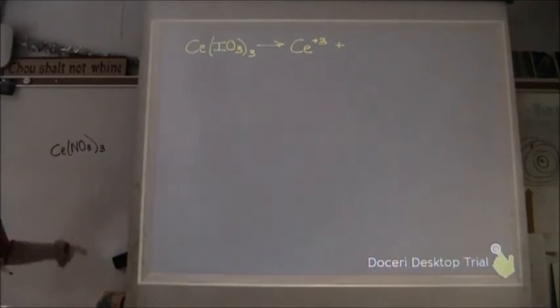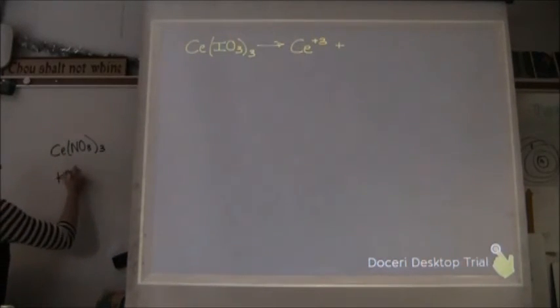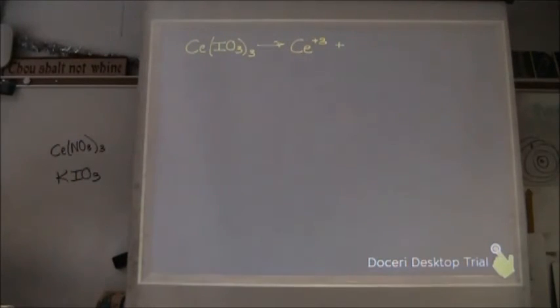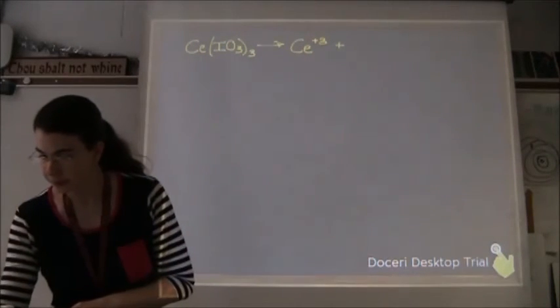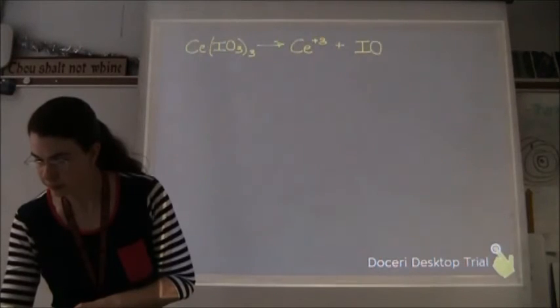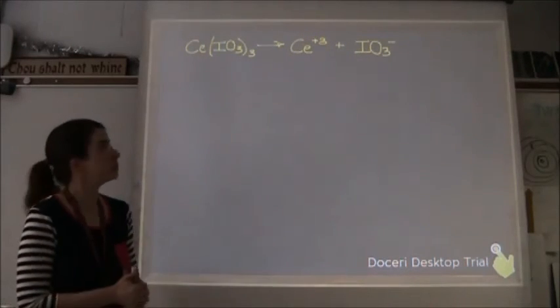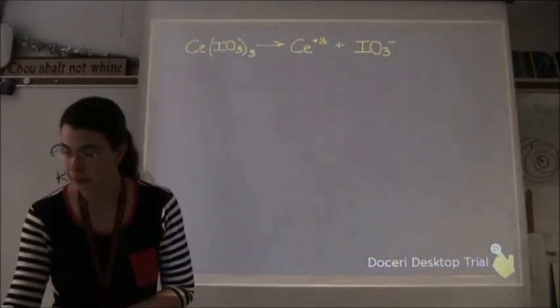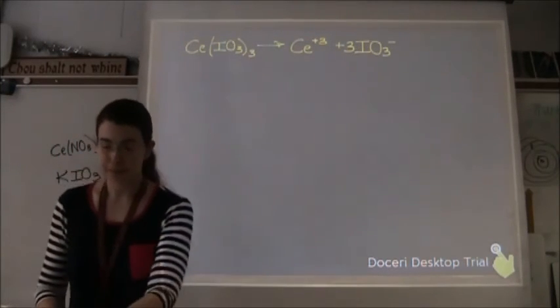Okay. Iodate, polyatomic ion, you may never have seen before, but what's its charge? -1? Because we know potassium is +1. Is that balanced? No.